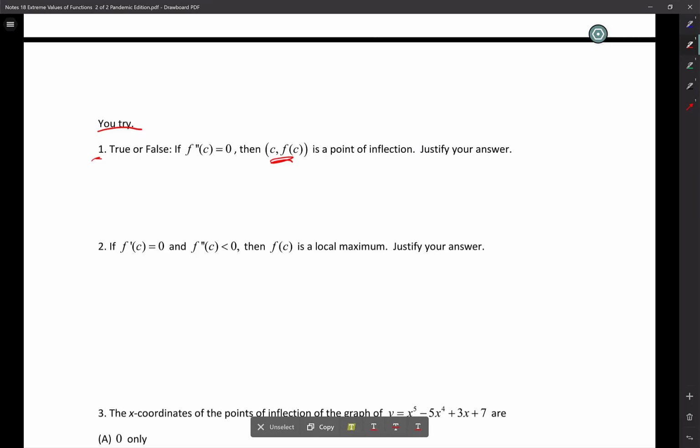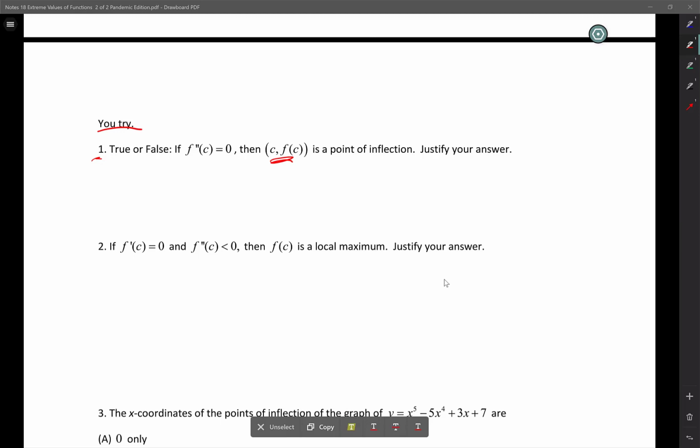What do you think? Tiff, what do you think? You say true? All right, you're correct, Ochoa. It's false. Let me show you one where the second derivative is 0 and it's not a point of inflection.